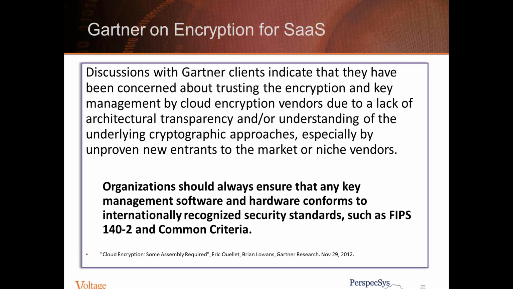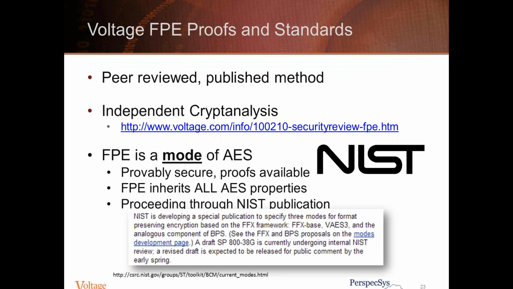We're talking about format-preserving encryption as a mode of AES. How is it validated? How is it standardized? What are the third-party attestations that prove out its strength? Those are the kind of questions we think the market should be asking when they look at cryptographic approaches inside clouds. What are the relevant standards? What is the transparency behind what is happening here? Next slide, please.